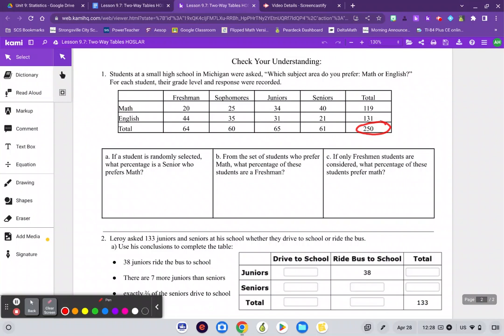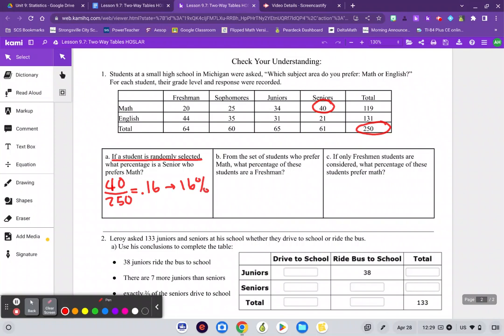So of all the students, I'm looking for one who is a senior and prefers math. So that's 40 students out of the 250 that are surveyed. So that's 0.16, which percentage-wise would be 16%.